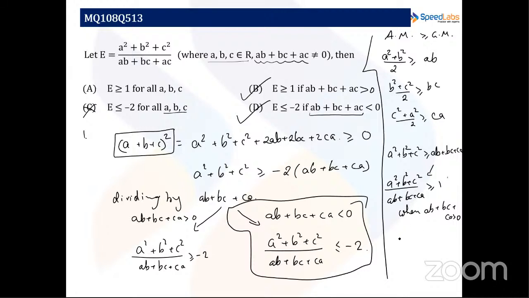If that value were negative, that is, if ab plus bc plus ca is less than 0, then we would get a square plus b square plus c square upon ab plus bc plus ca less than or equal to 1, since the sign of inequality would have changed. Clear? So we have two options here, that is B and D.